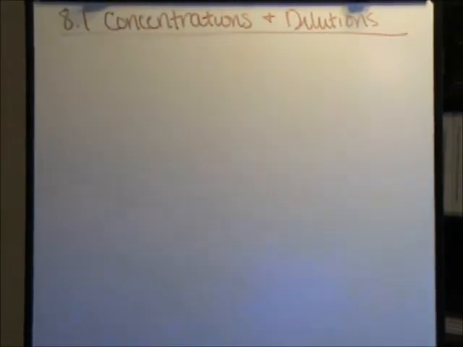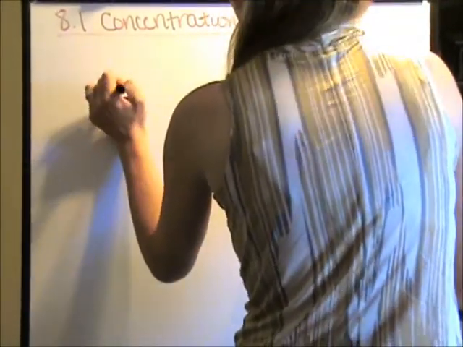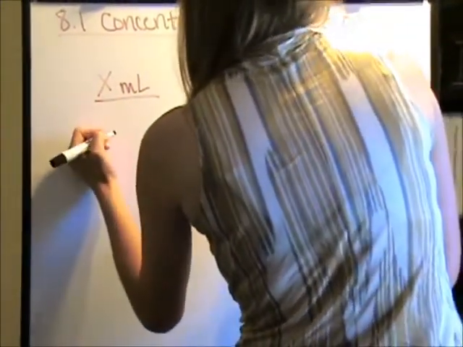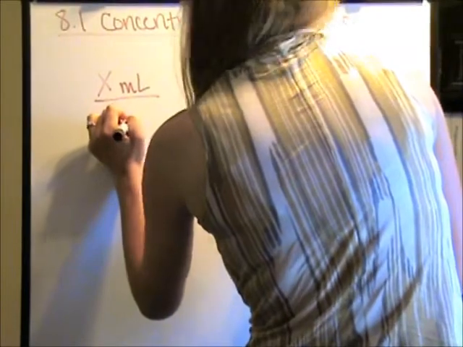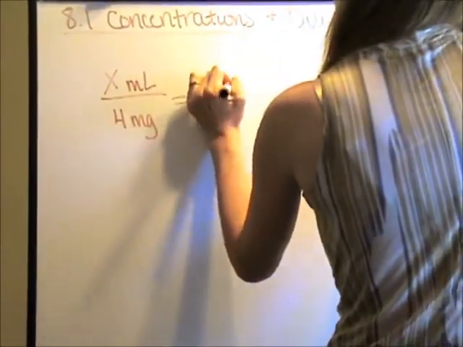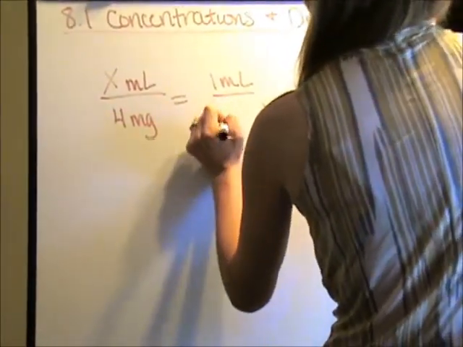And since the strength of the dexamethasone is 4 milligrams per milliliter, a 1 ml vial is going to contain 4 milligrams of the active ingredient. You can set the proportion up. We know we're looking for milliliters. We're looking for volume. And the vial is going to contain 4 milligrams and 1 milliliter per 1 milligram.